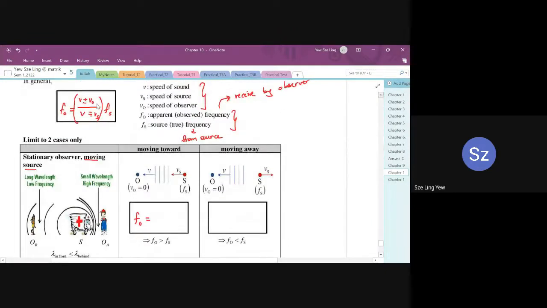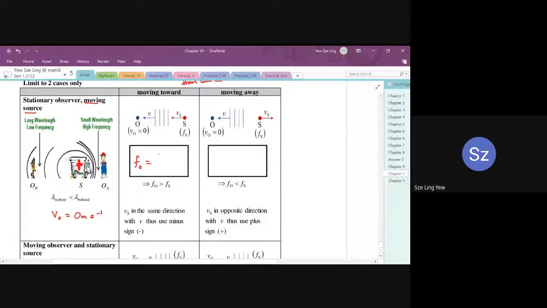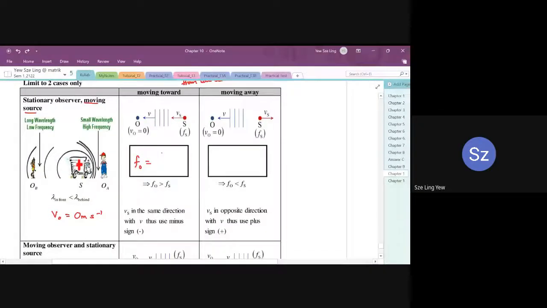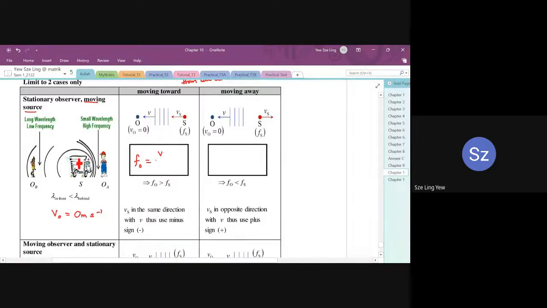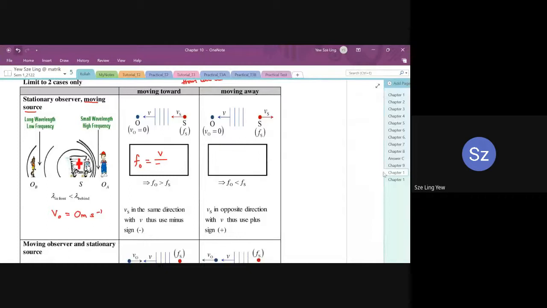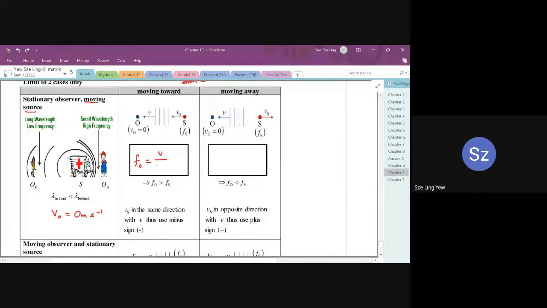So we have just V here, because your Vo is now equal to 0. So we just have V right here, divided by V.